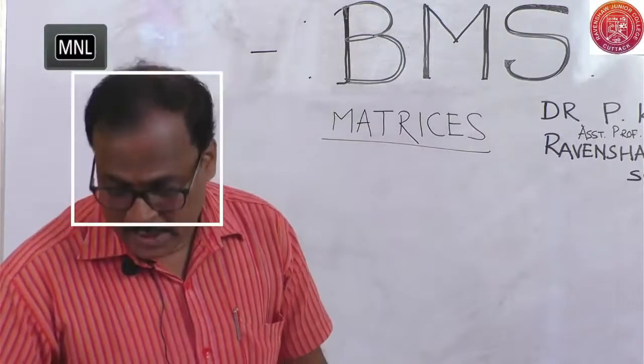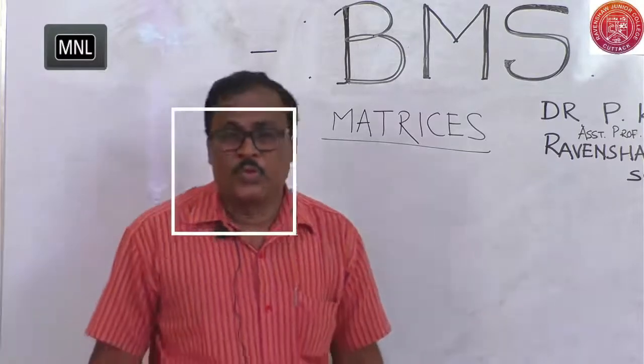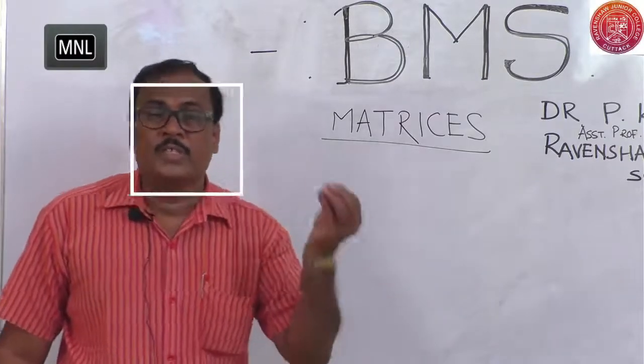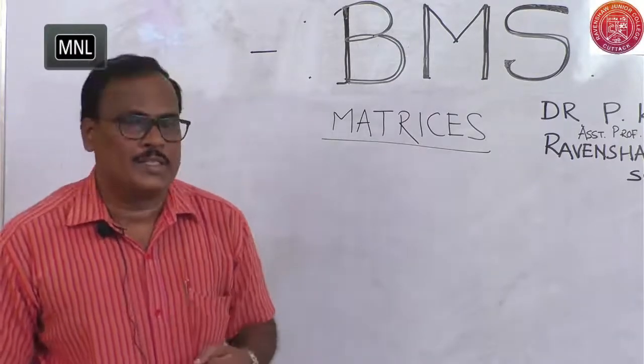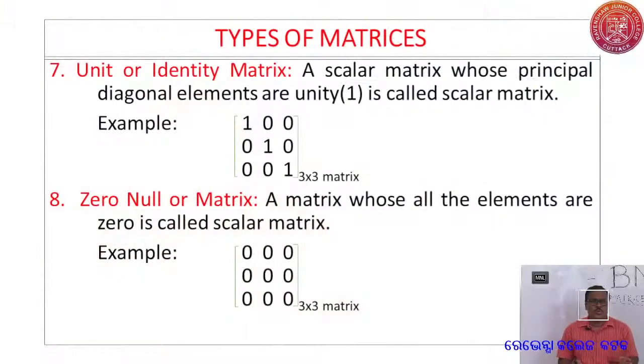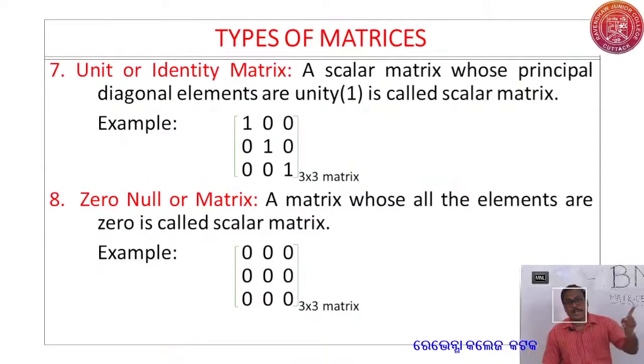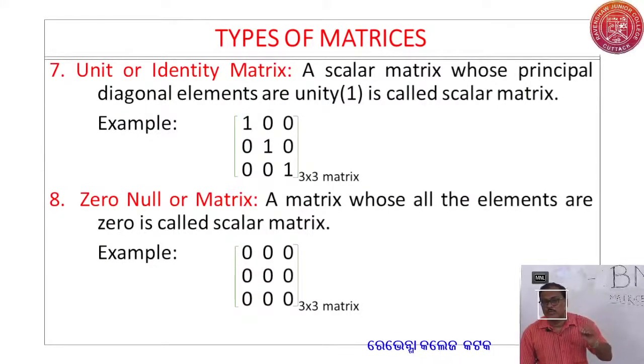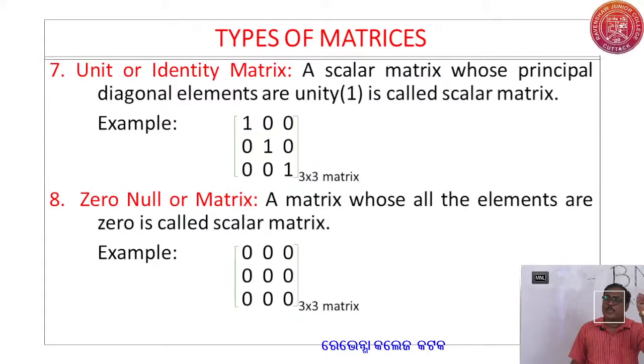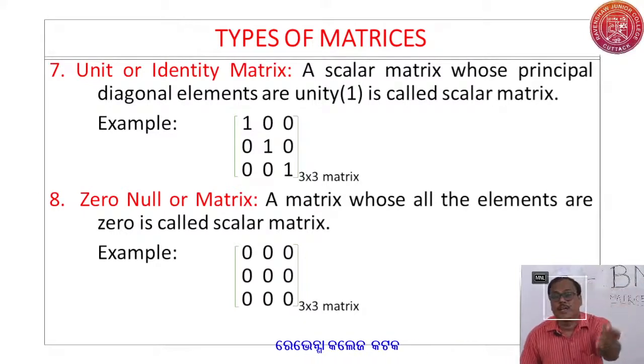Then comes the next slide, the unit or identity matrix. This is also one type of scalar matrix, because in a scalar matrix one characteristic is that all the principal diagonal elements are equal.